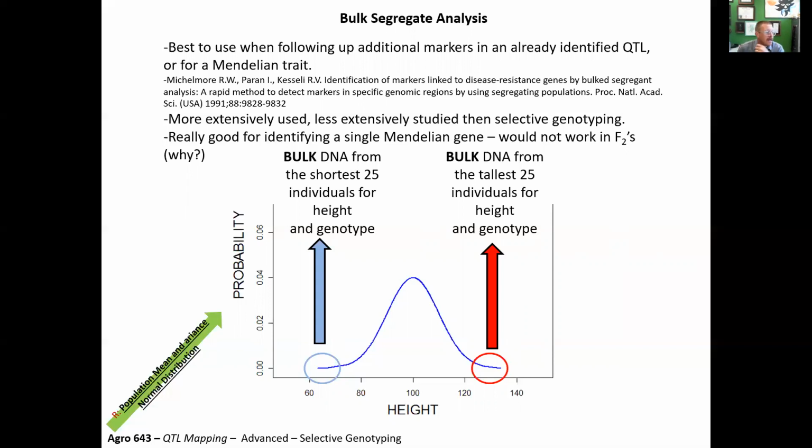So bulk segregant analysis, in this case, you actually bulk DNA from the shortest 25, for instance, plants, or the tallest 25 plants. And so this means you're genotyping only 2 samples, really. I would recommend doing replicates, and I would recommend thinking about this a little more deeply first, but it dramatically decreases the amount of genotyping you have to do.